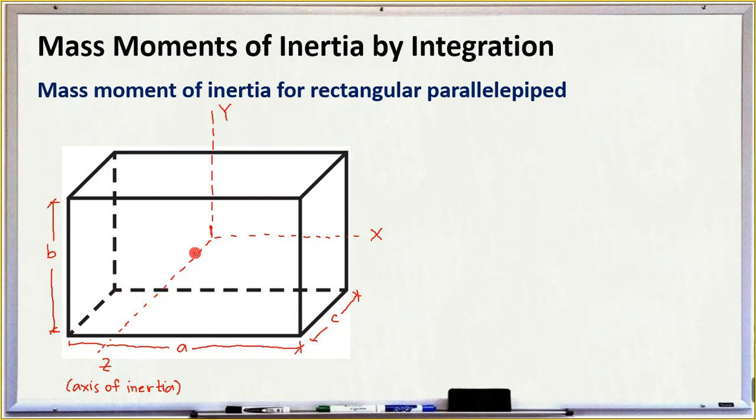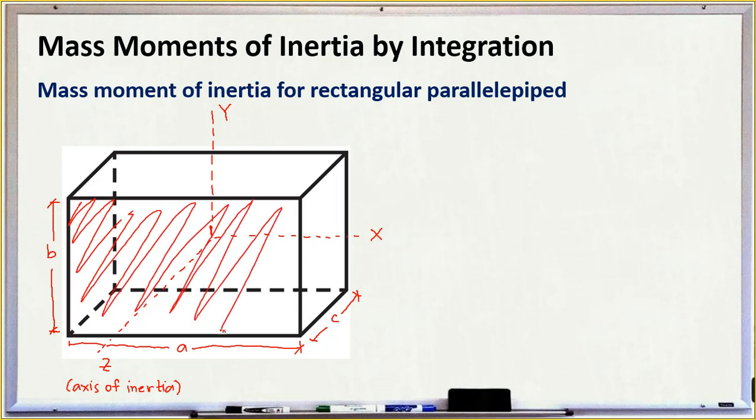So we're going to consider this as a prism. So with respect to the axis of inertia, our cross-sectional area here is this one, because this cross-sectional area is the only one that is perpendicular to our axis of inertia, which is the z-axis.